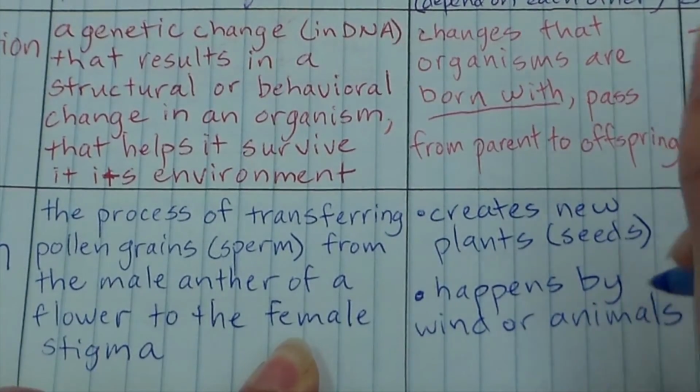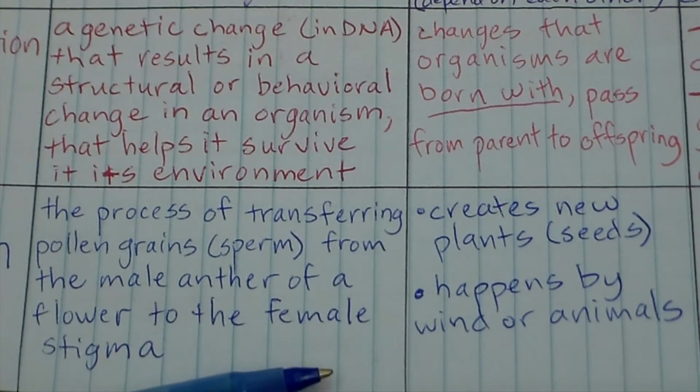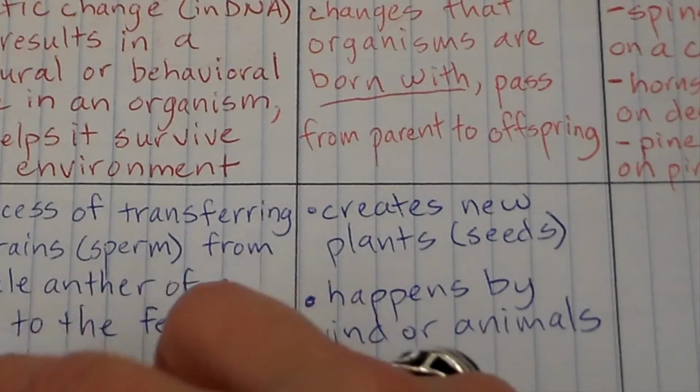So pollination can happen because of the wind blowing, or pollination can also happen because animals might do the transferring of pollen grains. So what I'm going to draw from my picture is what most people think of when they think of pollination and when they think of the animal that does a lot of this movement. And the animal I'm talking about is a bumblebee.